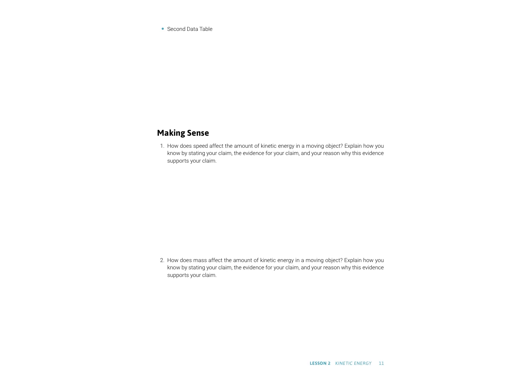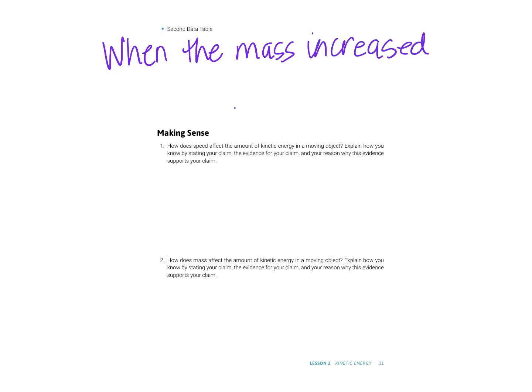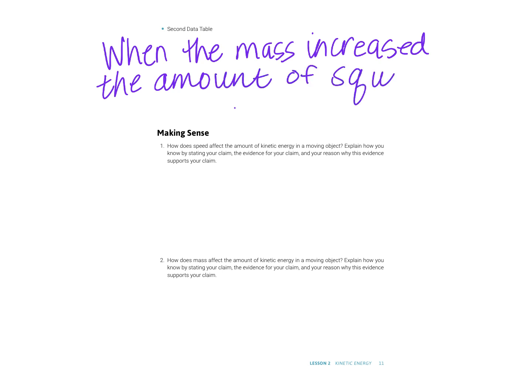For the second data table, I asked you to start the sentence with when the mass increased. And so therefore you should have written when the mass increased, the amount of squish also increased.